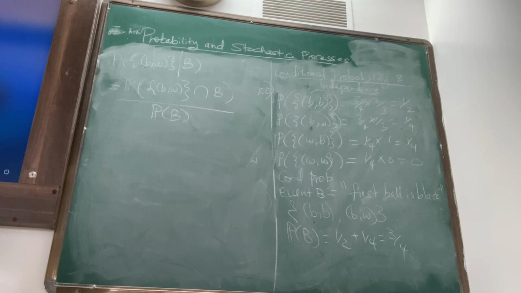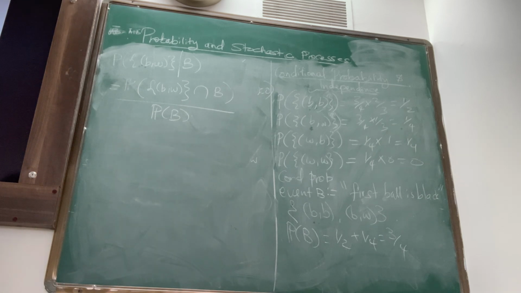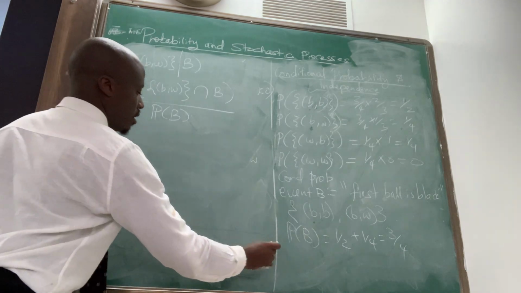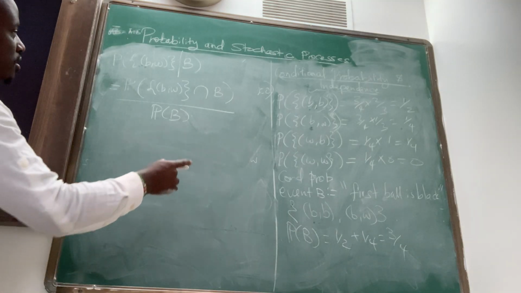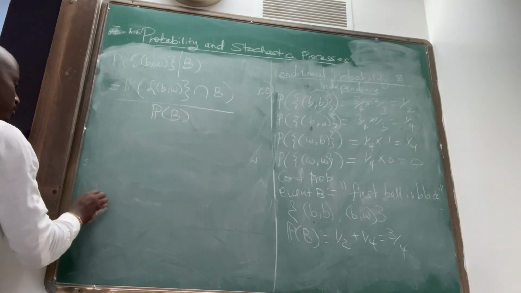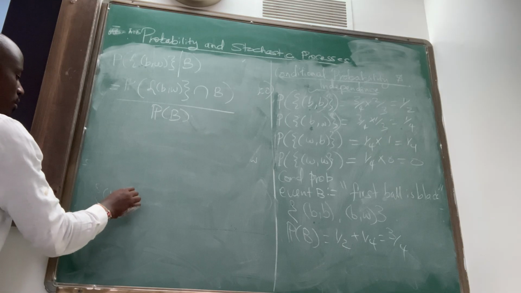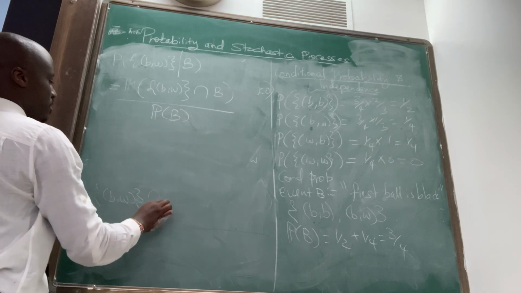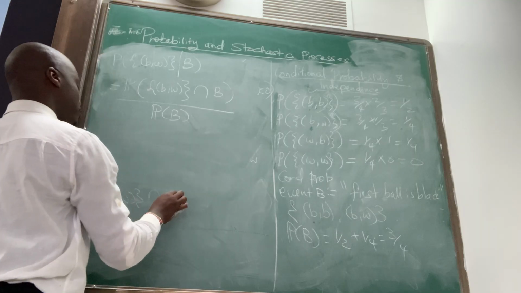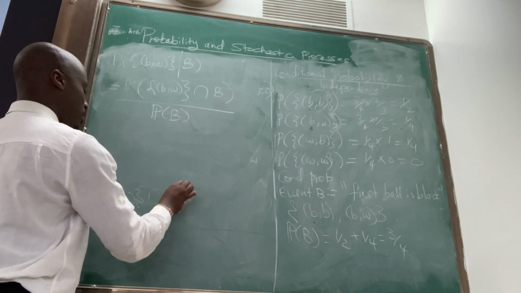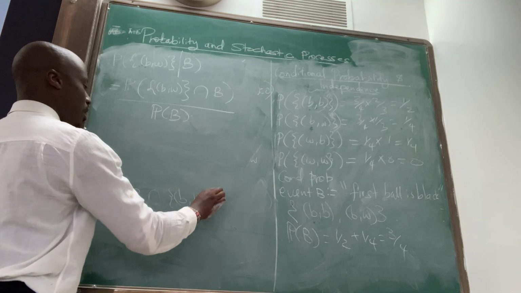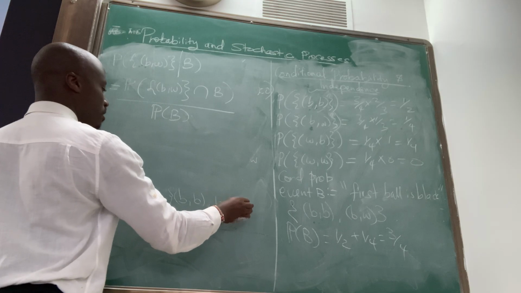You can see it even without calculating it. For the intersection, you're taking B white, and then you're intersecting with B, and B has two things: B has BB, and B white.